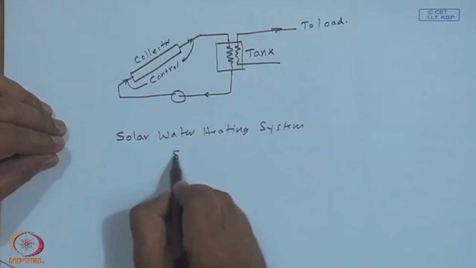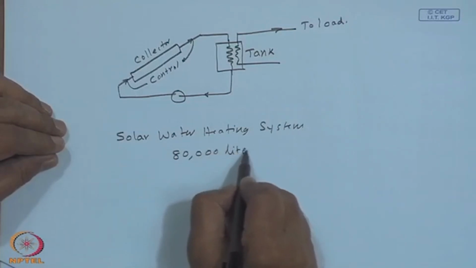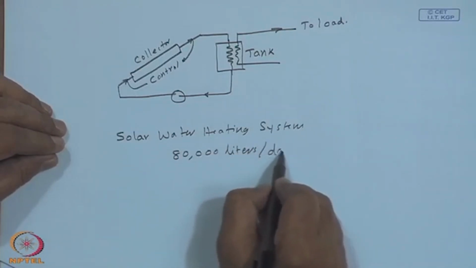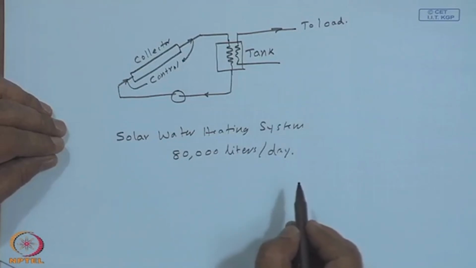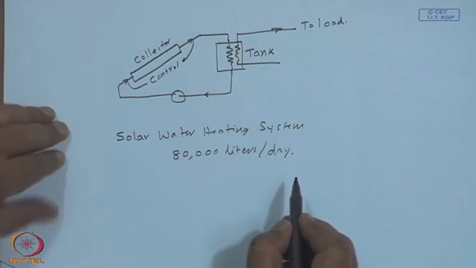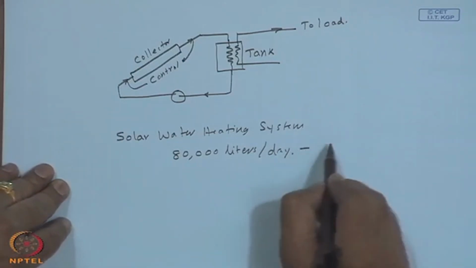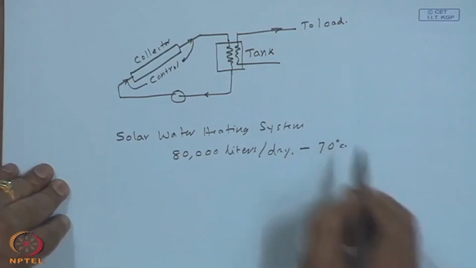Something like, let us say, 80,000 liters per day. I am not exaggerating. I have known larger systems than this, which I will mention a little later, supplying energy at about 70 degrees centigrade.